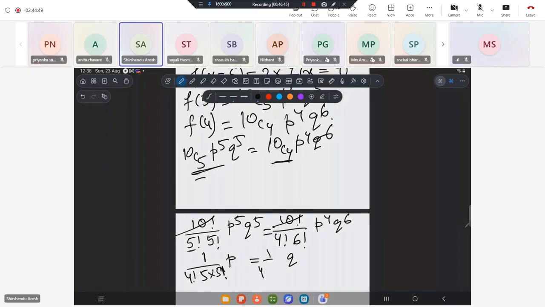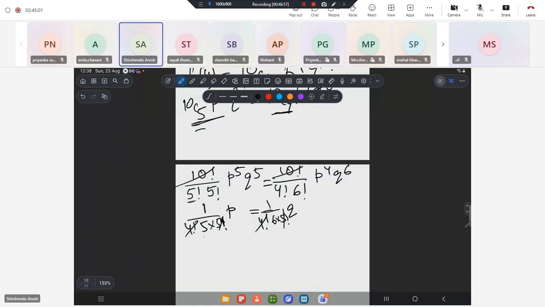This side 1 by 4 factorial, let it be multiplied by 6 factorial, which is 6 multiplied by 5 factorial. So 5 factorial gone, 4 factorial gone, right? So it will become 1 by 5, 1 by 6.